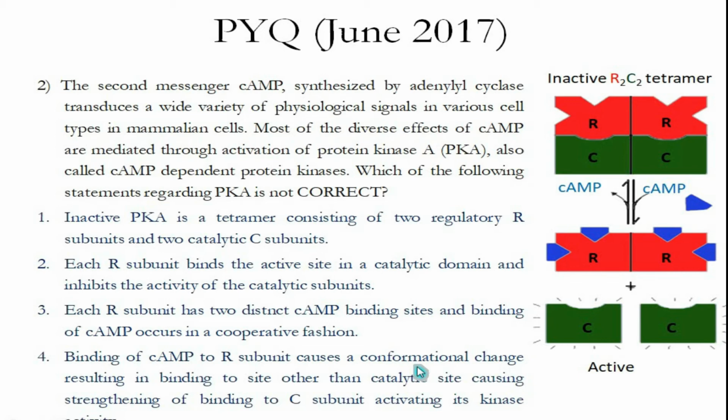Here, this is the structure of PKA. First, this one is the inactive R2C2 tetramer. It contains two regulatory subunits, with 4 empty cyclic AMP sites, and it also contains two catalytic subunits, but this one is inactive.